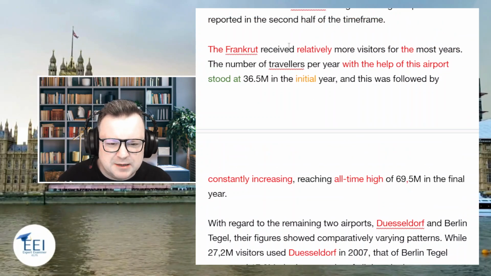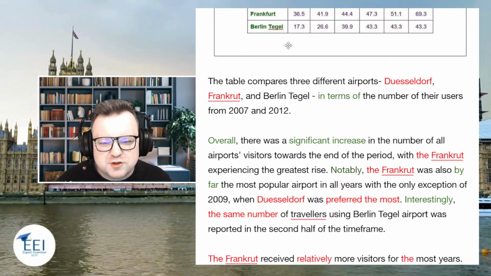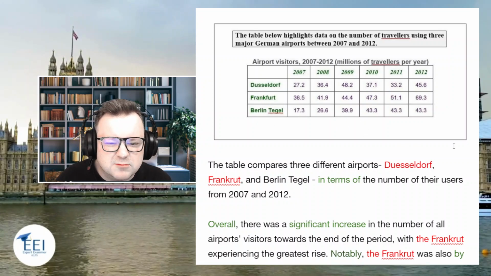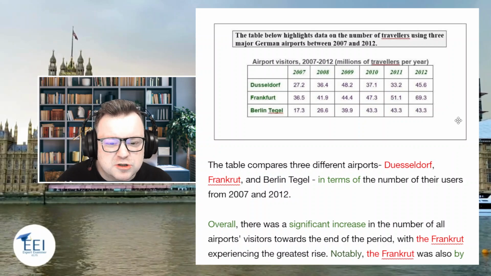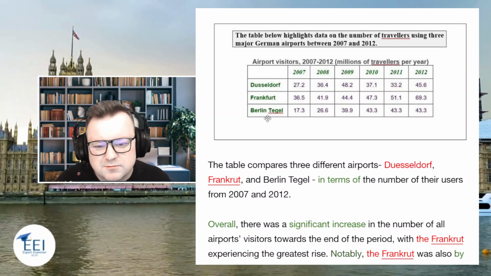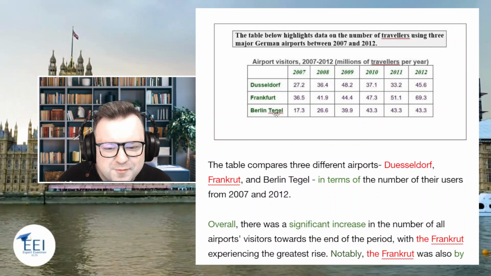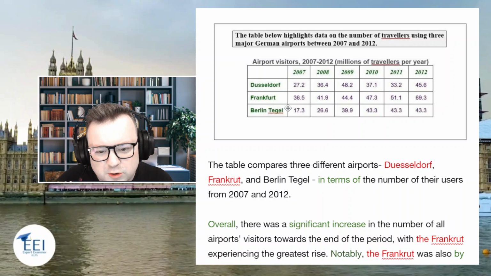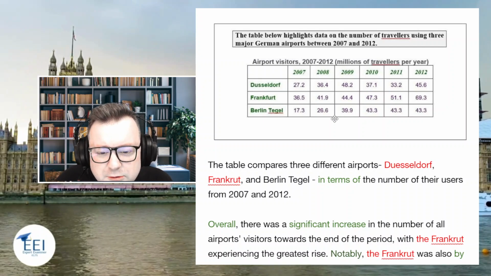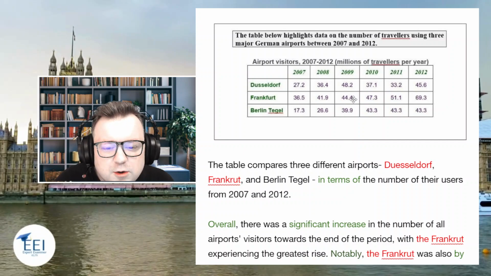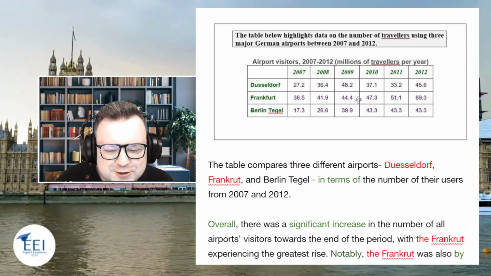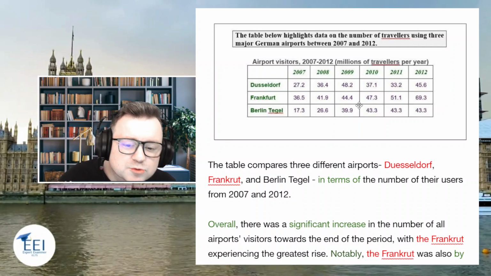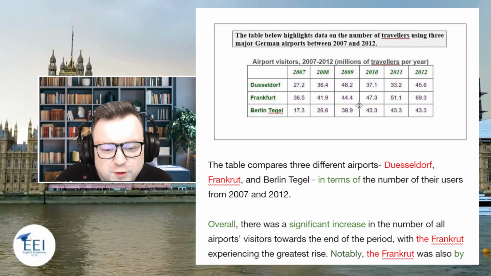Okay, so we do get some detail here. Would I have structured it the same way? I would have just made it a bit easier to say, like, for 5 of the 6 years, Frankfurt served the highest number of passengers, with the exception of 2008, where Frankfurt served 41.9 million compared to... 2009, where Frankfurt served 44.4 passengers compared to Düsseldorf, which had a slightly higher number of 48.2.